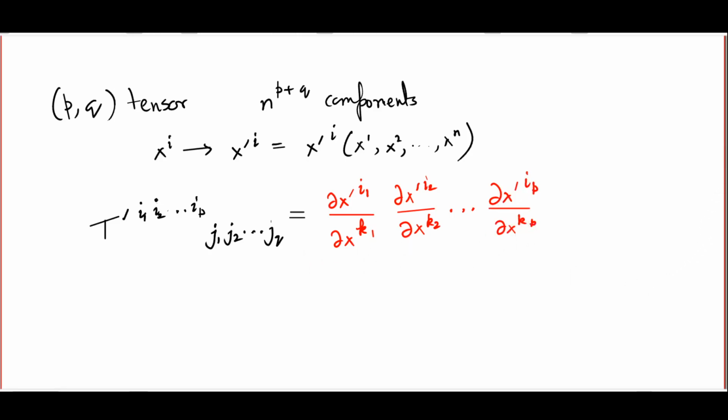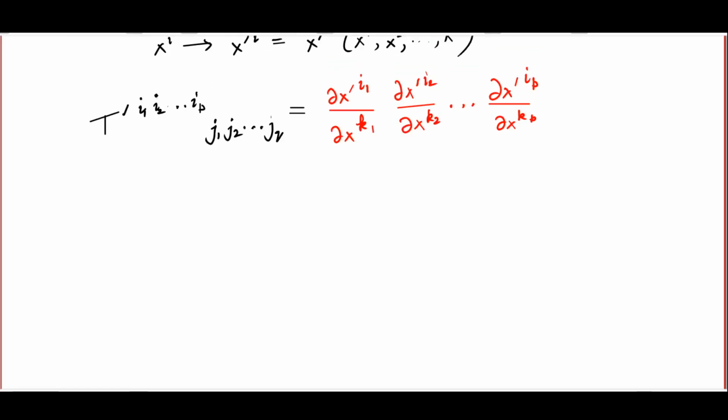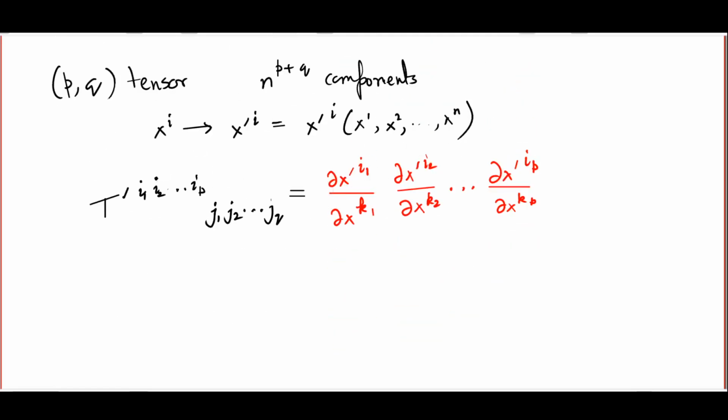So p vector transformation coefficients, and in addition you have q covector transformation coefficients: del x l1 by del x' j1, del x l2 by del x' j2, and so on all the way down the line till you get to del x lq by del x' jq.